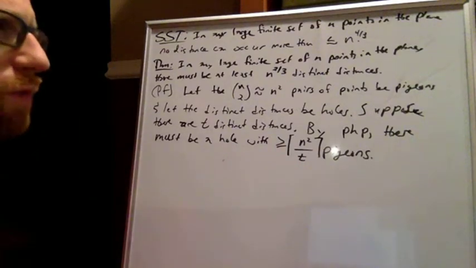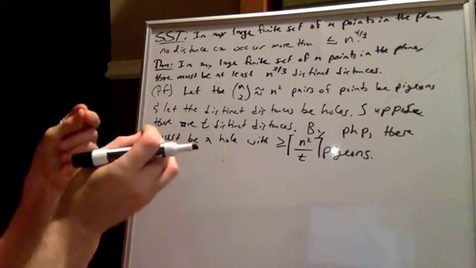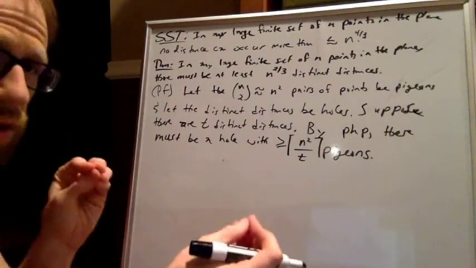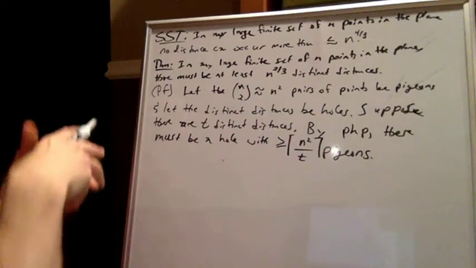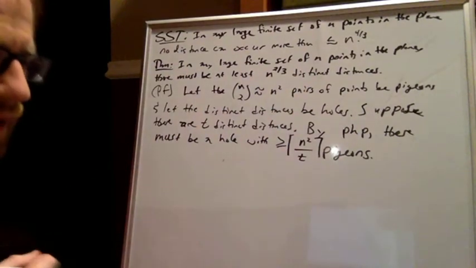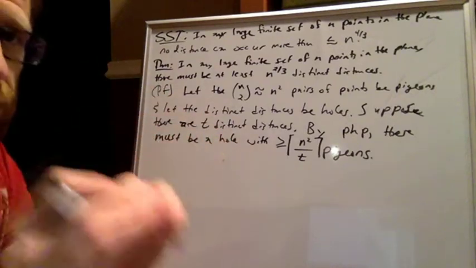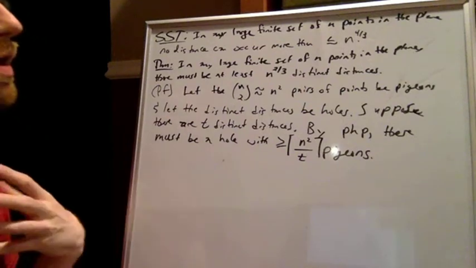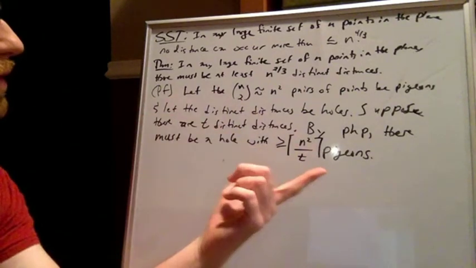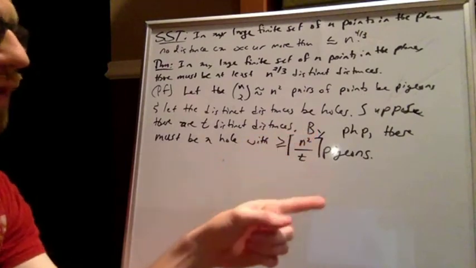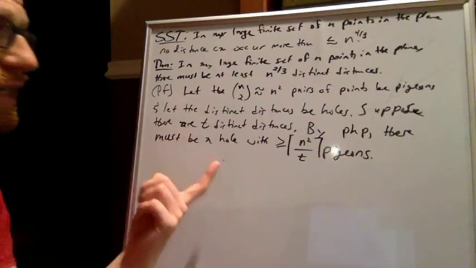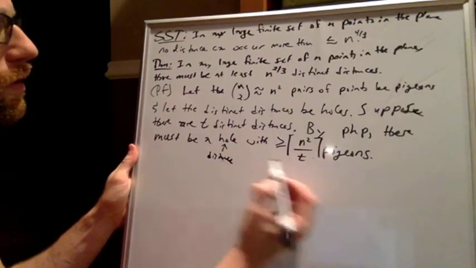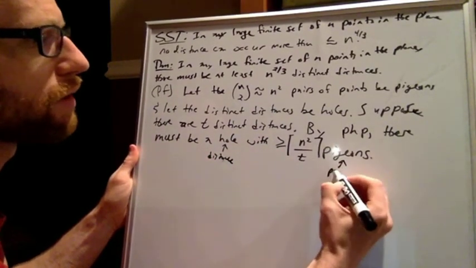We've got n squared pairs of points. Each pair of points determines only one distance. There are t distinct distances given by this point set, and so each pair of points goes into one of those holes, one of those classifications. So there must be a distance with at least this many point pairs.